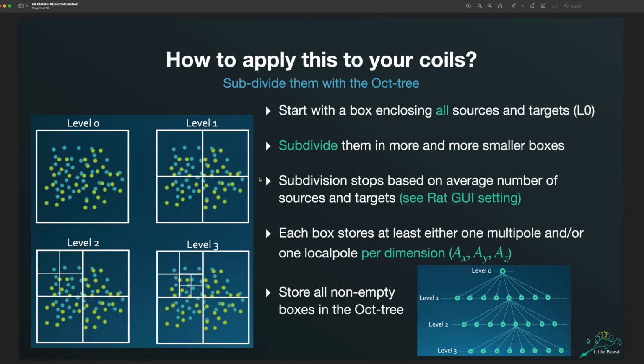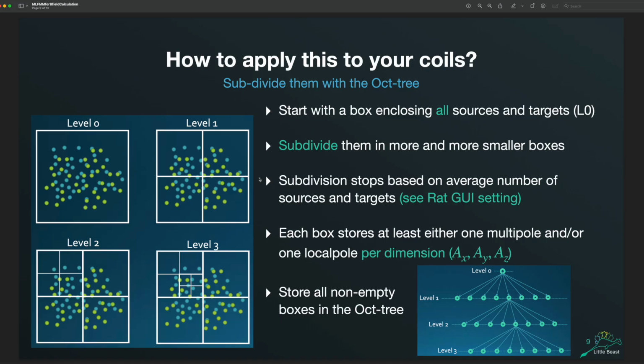There are a few stop criteria, but one of them is you set a number of sources or targets that can be inside the box, and then you stop. In red, you can also see the average number of sources inside the boxes where the refinement is stopped. That's a setting that we will see later.